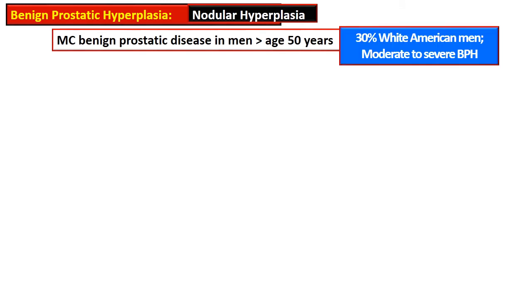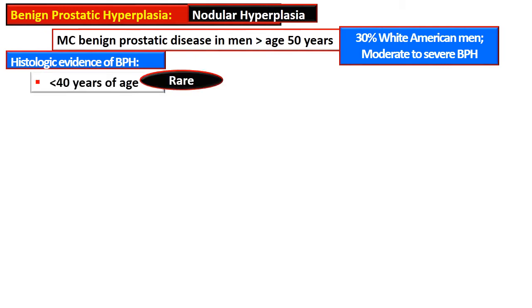This entity is more common in Western world and USA and less common in Asia. Its prevalence in US is higher among men, while in white American men it is present in 30% of the people, and they show moderate to severe degree of benign prostatic hyperplasia.